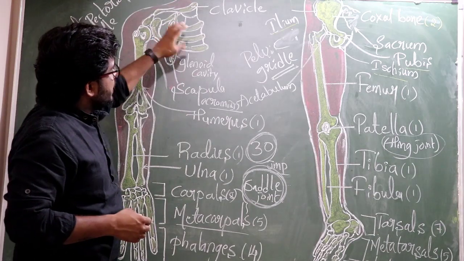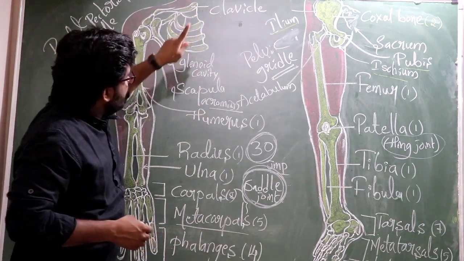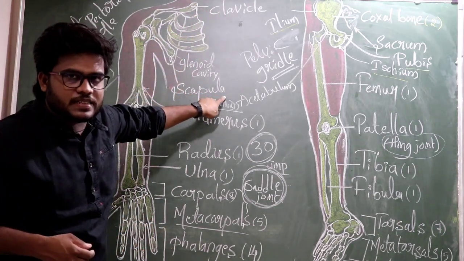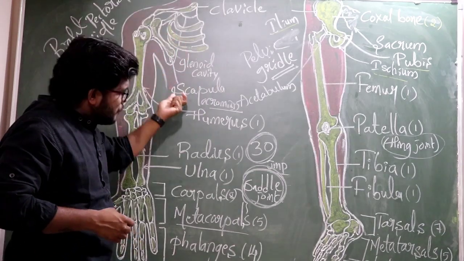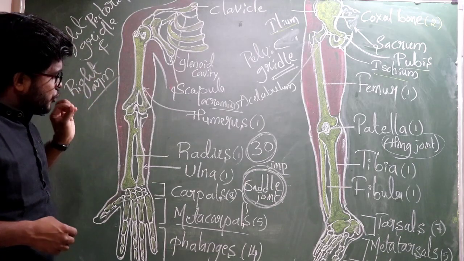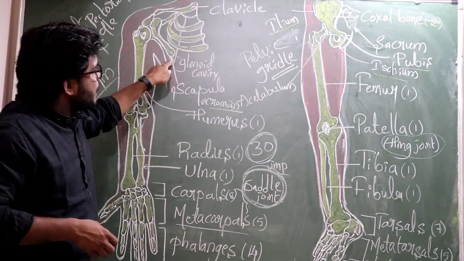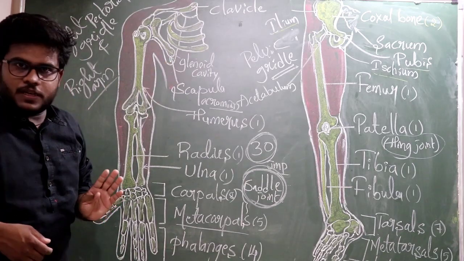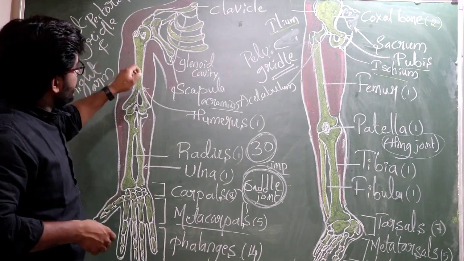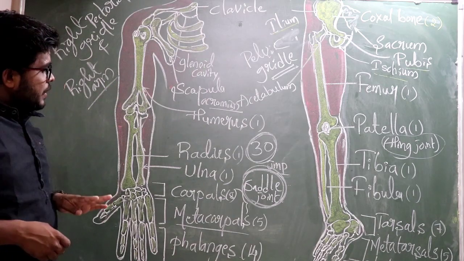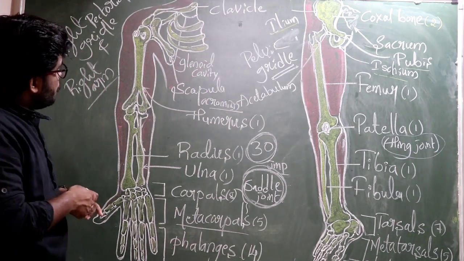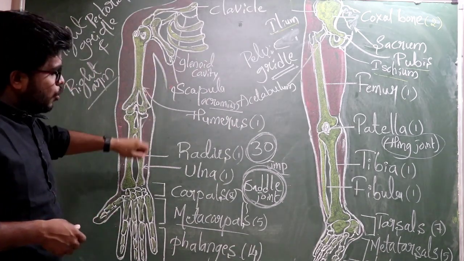This pectoral girdle mainly consists of the clavicle and a triangular structure called the scapula. The scapula has a sharp ridge called the spine, and it projects as a flattened and expanded structure called the acromion.